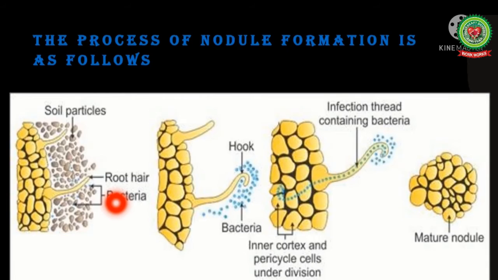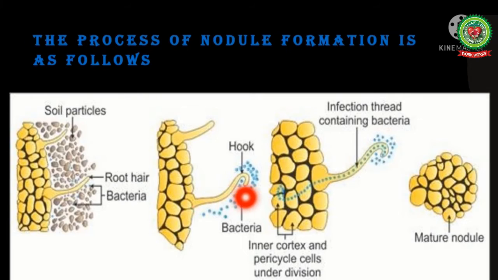After attachment, the root hair gets curled up at the tip due to which bacteria invade the root hair. The enzymes from the bacteria degrade part of the root hair cell wall, which produces a thread-like structure called the infection thread.